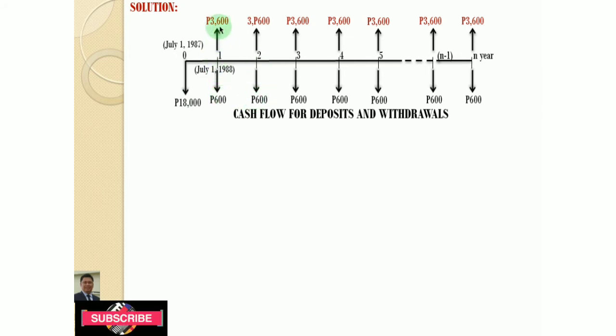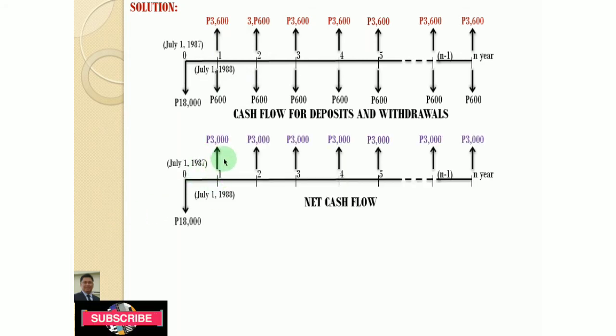So actually we have a net cash flow for this. This will be now our net cash flow of 3,600 minus 600, so this will be 3,000. So prevailing is this amount since this is bigger than this cash deposit actually. So we have now this net cash flow for our problem, okay.